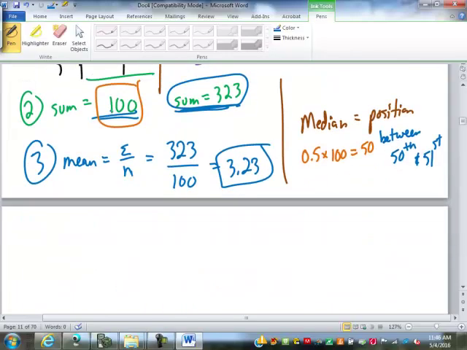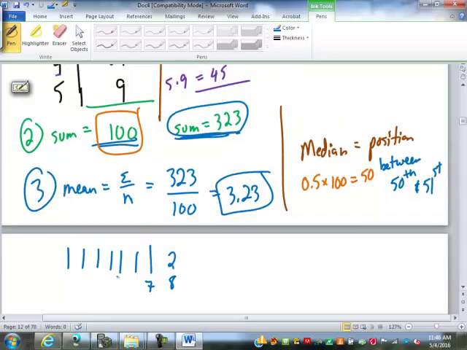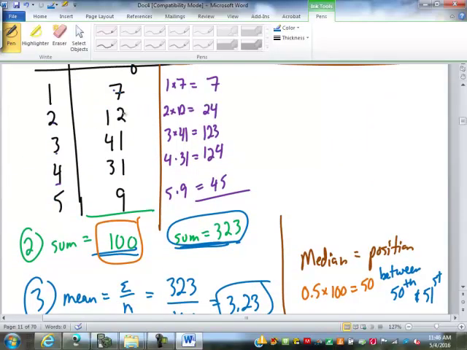So if you think of it as making a list here, there's 1, 2, 3, 4, 5, 6, 7 ones. That's the 7th number in the list. The 8th number in the list then is going to be the first 2. There's 12 of those. So if I listed out 12 2s, after listing all the 2s, we would be at 19 because we had 7 1s and 12 2s.